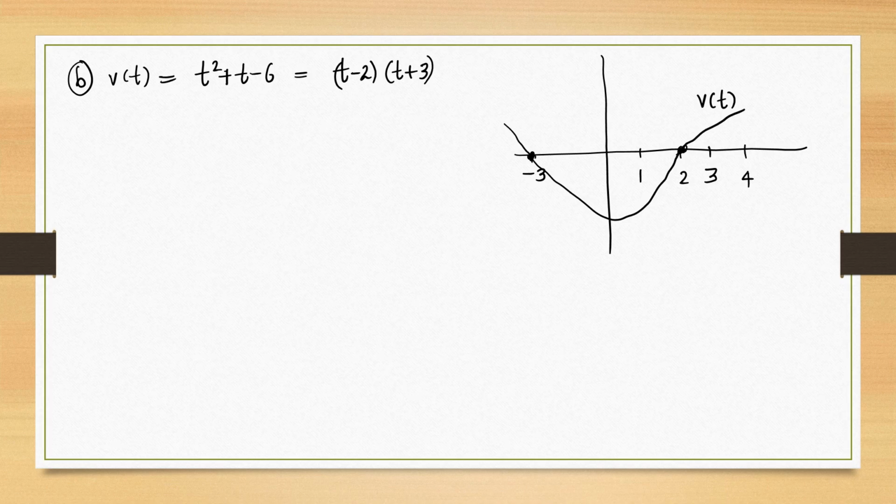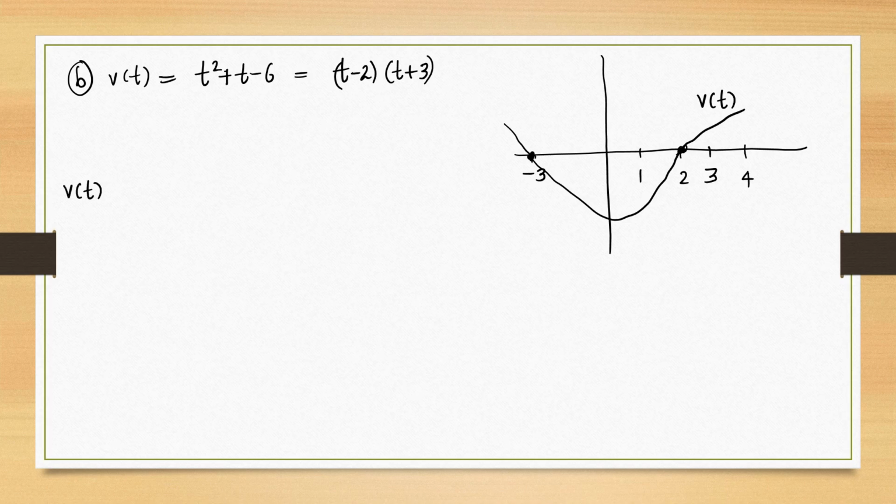Therefore, the sign of v of t is negative in the closed interval 1, 2, that is, the graph of v of t lies below the horizontal axis in the interval 1, 2. Similarly, in the interval 2, 4, if we find v of 3, it is a positive value. Therefore in the interval 2, 4, the graph of v will lie above the horizontal axis.